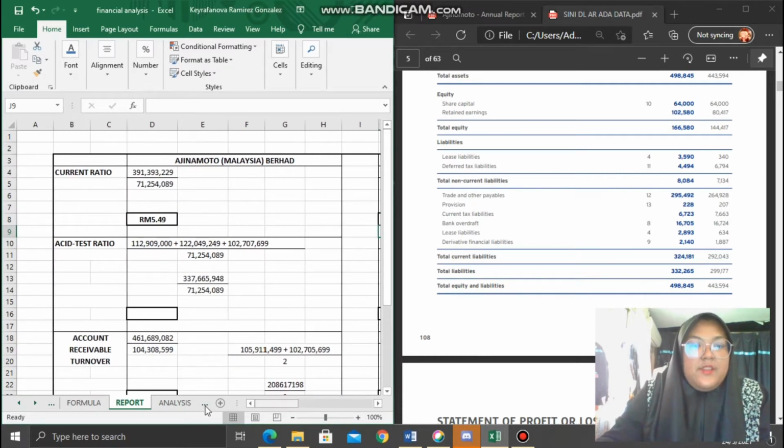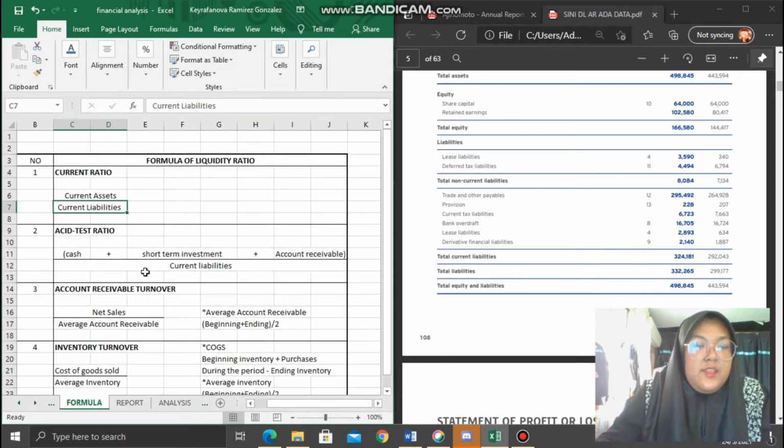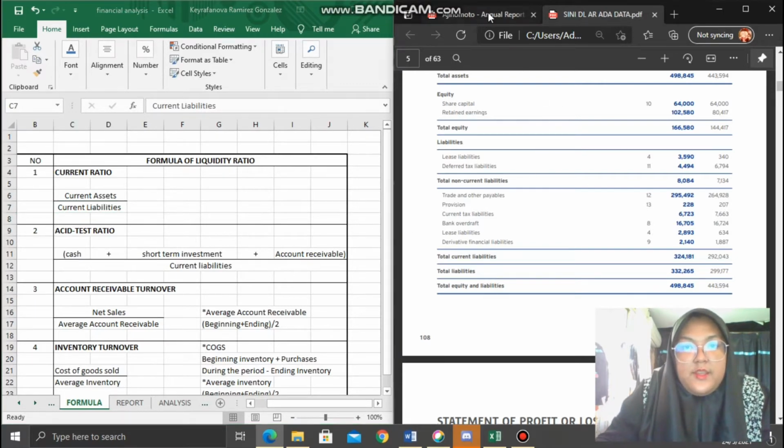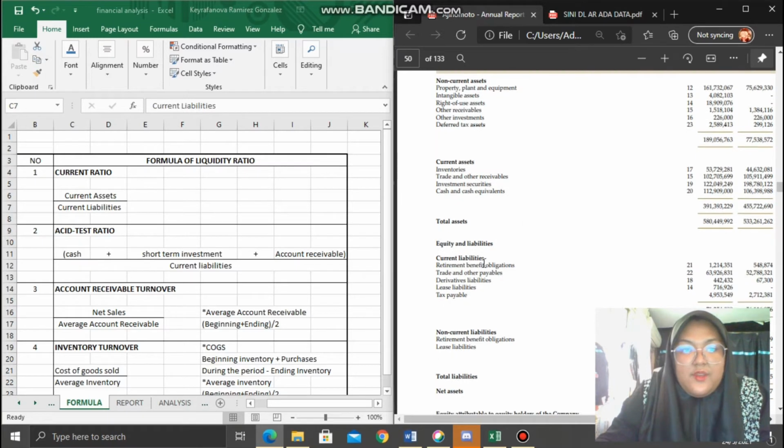Now let's calculate the acid test ratio by using cash plus short-term investment plus account receivable divided by current liabilities. All the values can also be found in the statement of financial position.